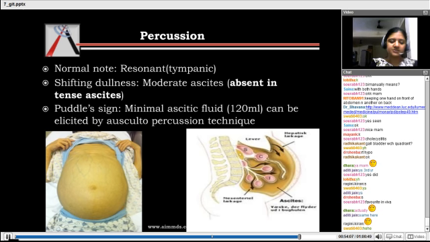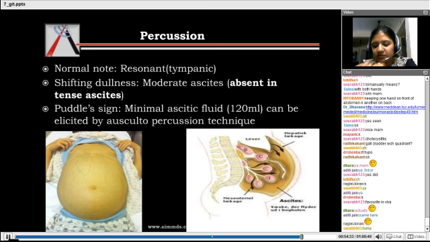Let's go to percussion. When you normally percuss the abdomen area, you will hear a resonant sound. Now suppose there is ascites because of the fluid content. If it's a moderate ascites, you will hear a shifting dullness. Shifting dullness, why? There is fluid over there, which when you tap is going to move, right?